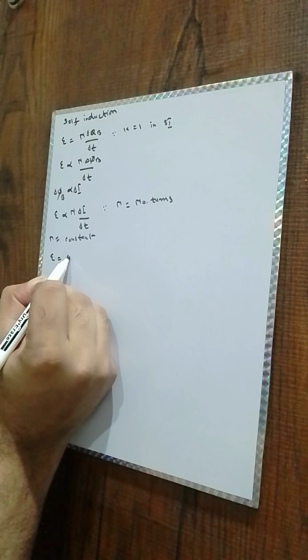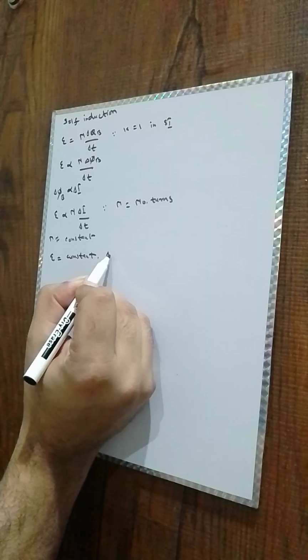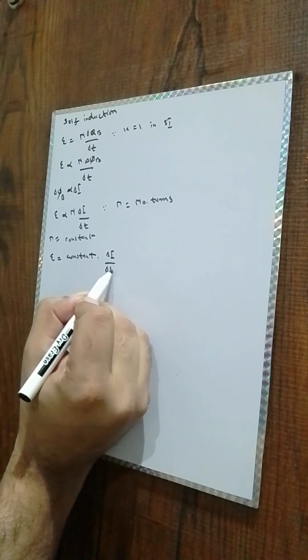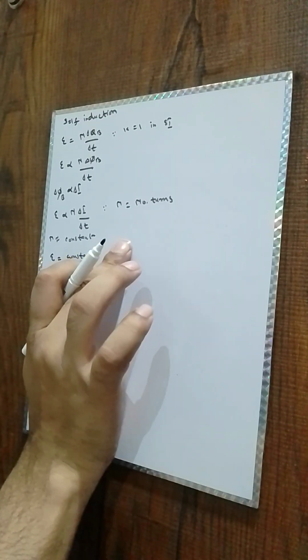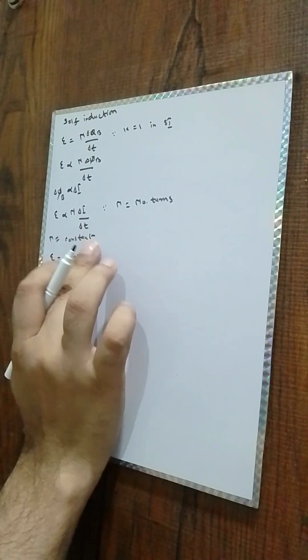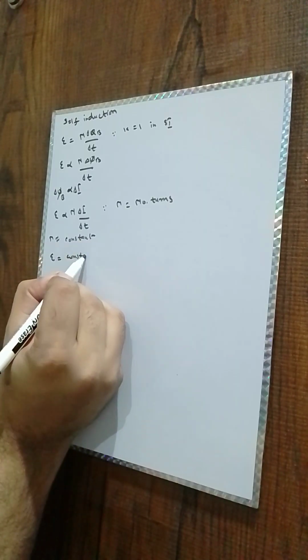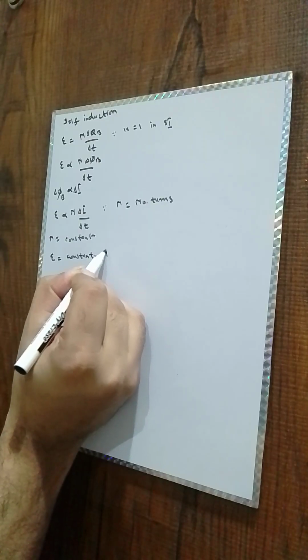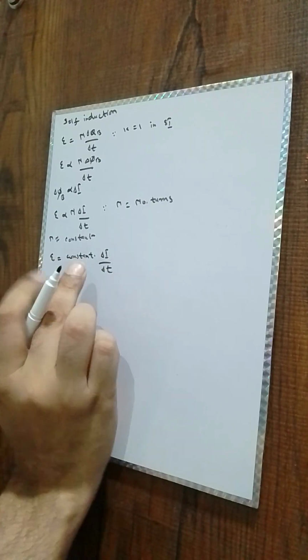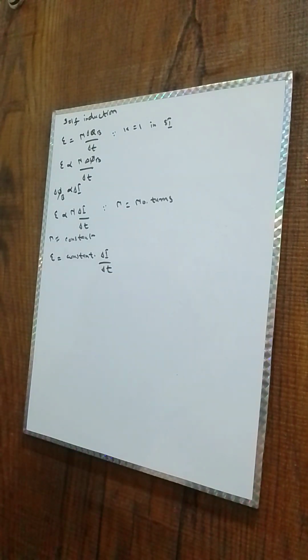So E becomes constant times rate of change of electric current with respect to time, delta I by delta t. So this is the form we have.